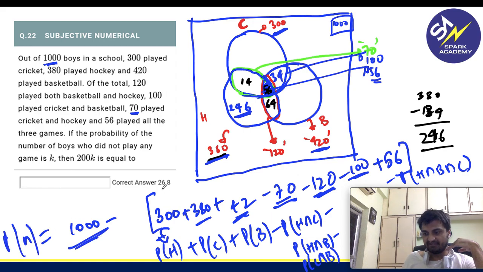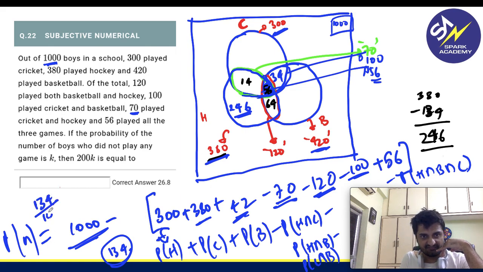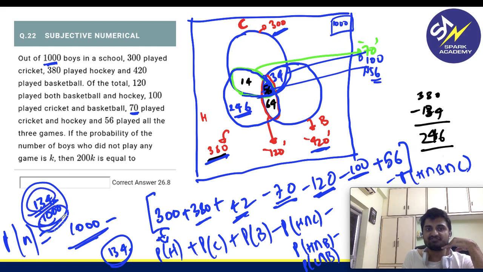So I think you will get it as some 134 basically. In other words, the probability they are asking, 134 want, which is none, by total 1000, so you will get 26.8 as the answer.